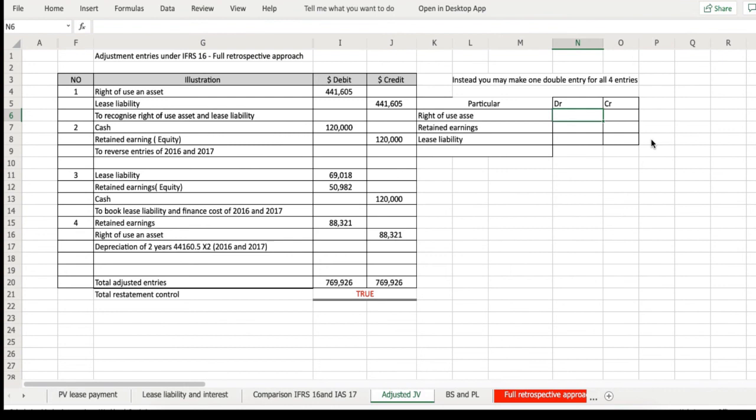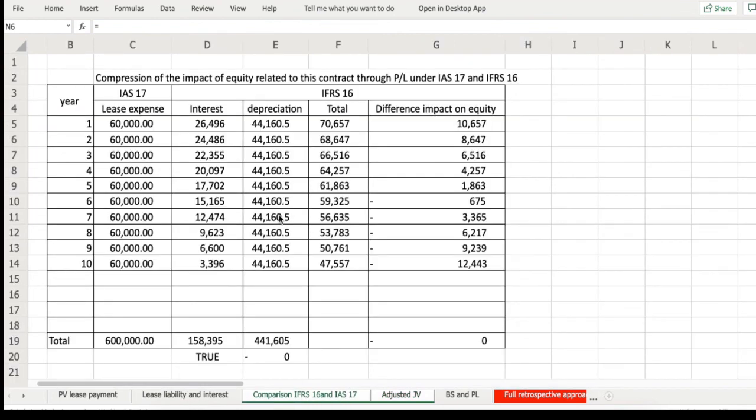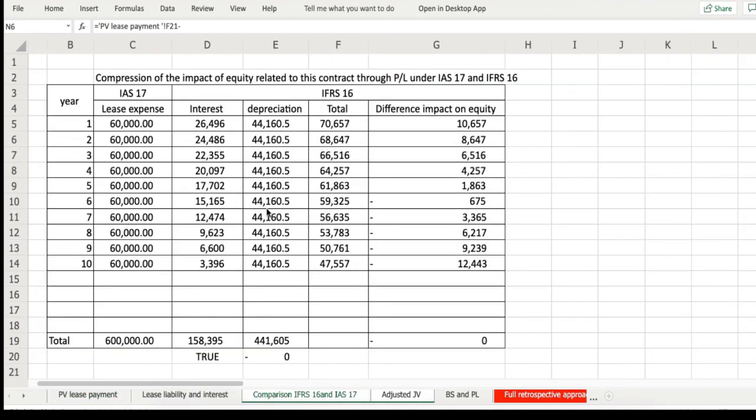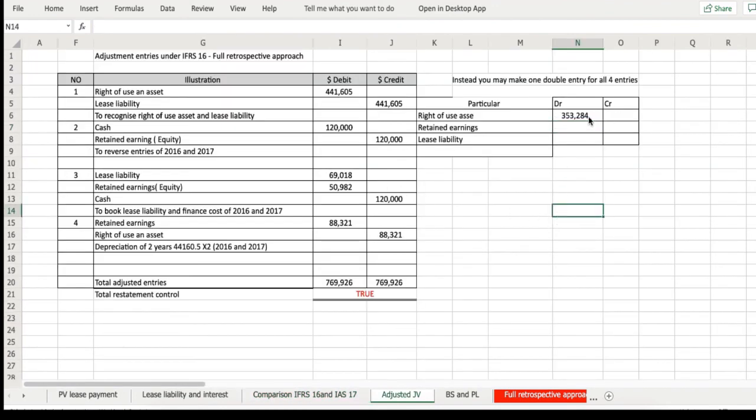It would be the total. The right of use asset would be the total right of use asset amount less the depreciation charge for the 2 years. So that would be on the debit side: right of use asset, this minus depreciation for the 2 years, and retained earnings.